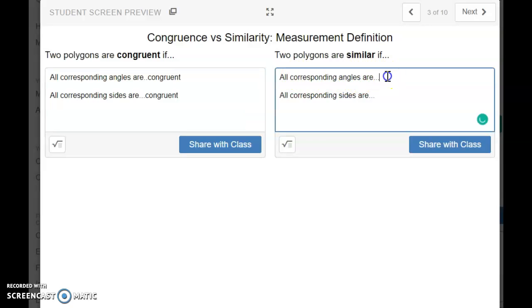All corresponding angles are congruent, but all corresponding sides do not have to be congruent. They just need to be proportional. That means the ratio between the corresponding sides has to be exactly the same, or the scale factor has to be the same for each of the corresponding sides.